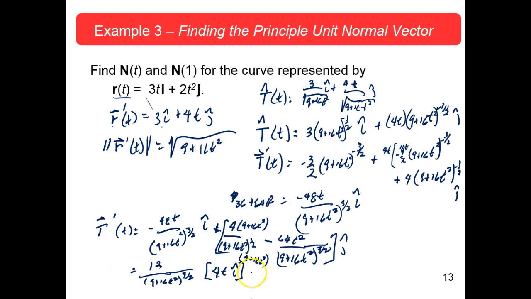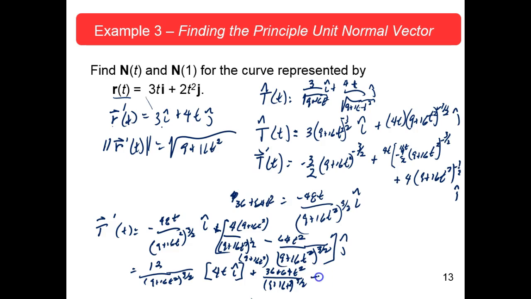Okay, I'm going to separate these. Plus, okay, what I just said, 36 plus 64t squared over 9 plus 16t squared to the 3/2.